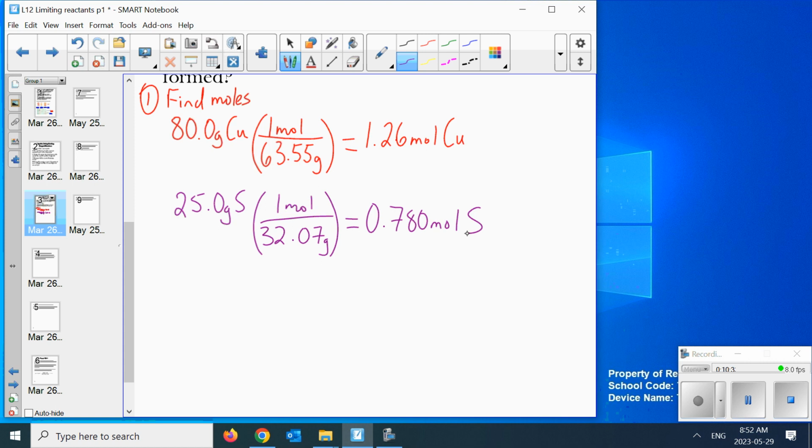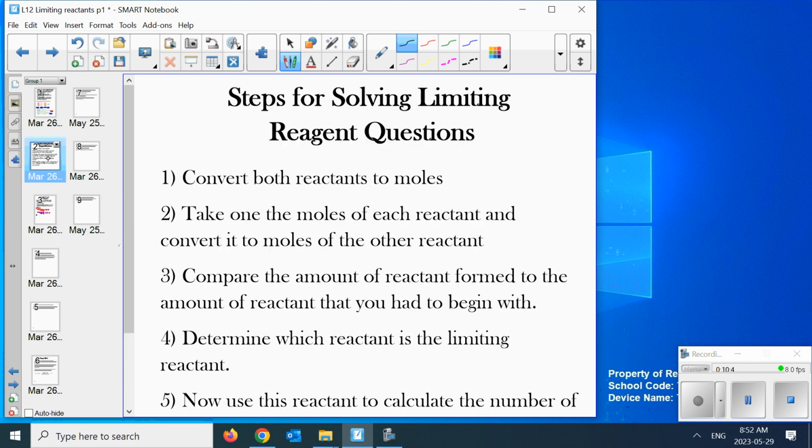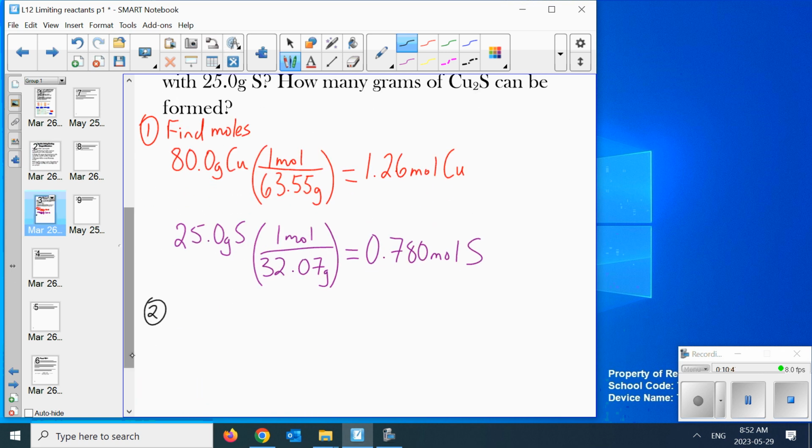So, step 2. If you recall, step 2 was take one of the reactants and convert it to moles of the other. It doesn't matter which one you choose. I'm going to just go with copper because I listed it first.